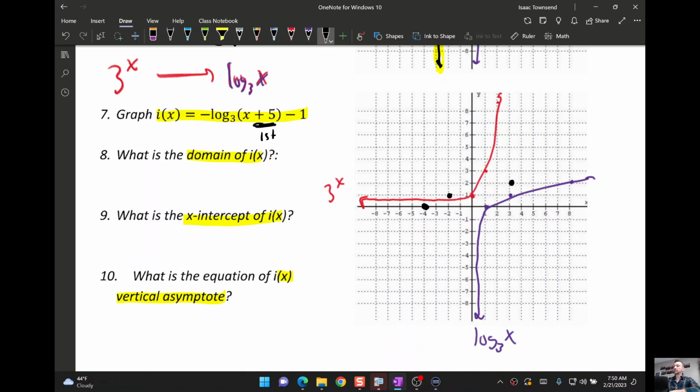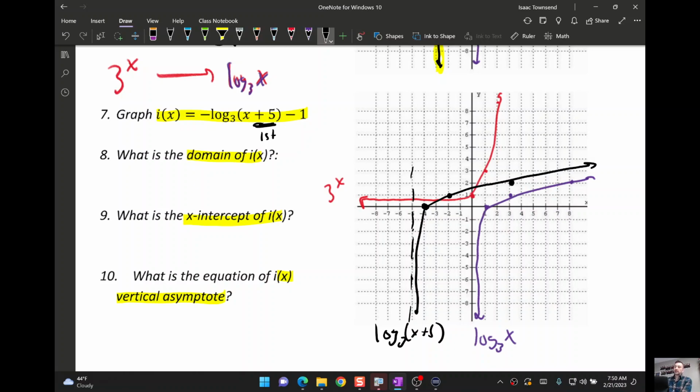And notice there's this vertical asymptote at x equals 0. So if I shift the graph left 5, it's now at x equals -5. And this would be what log base 3 of x plus 5 looks like.